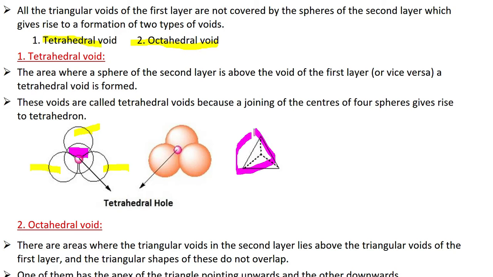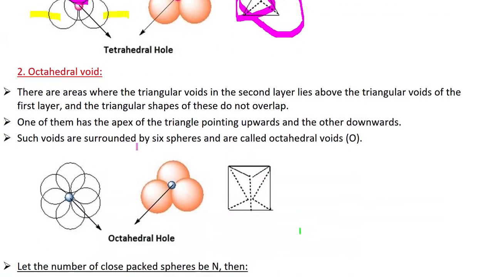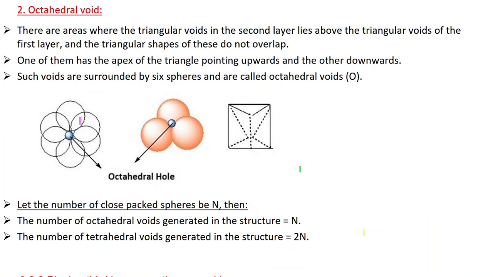This is the structure of a tetrahedron, that's why this empty space is called a tetrahedral void. While arranging the second layer, we got this type of empty space also, which is called an octahedral void. Maybe it is clear to you with the help of the video I gave you in my last lecture. So I proceed now.